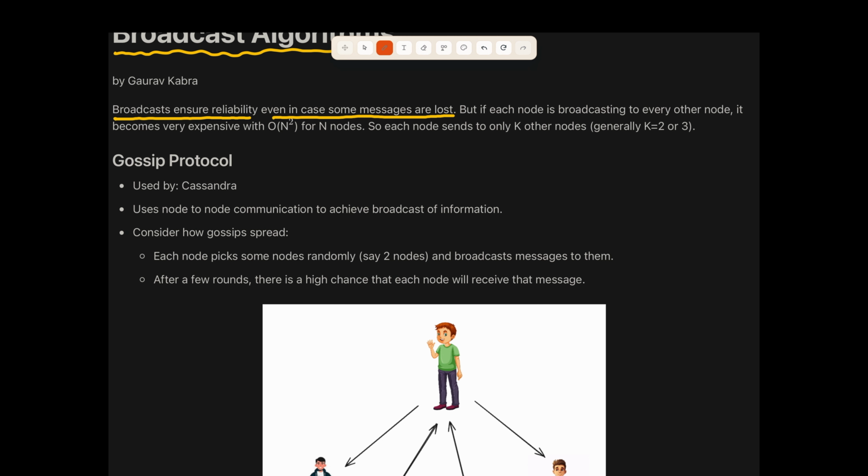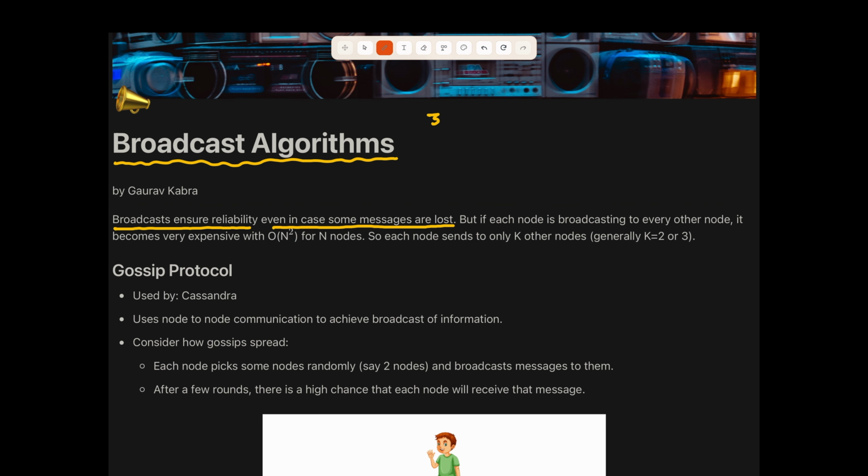What does this mean? We have three ways to have communication. One is unicast. That means one sender, one receiver. Let's say you are whispering something in your friend's ear, then it will be known as unicast.